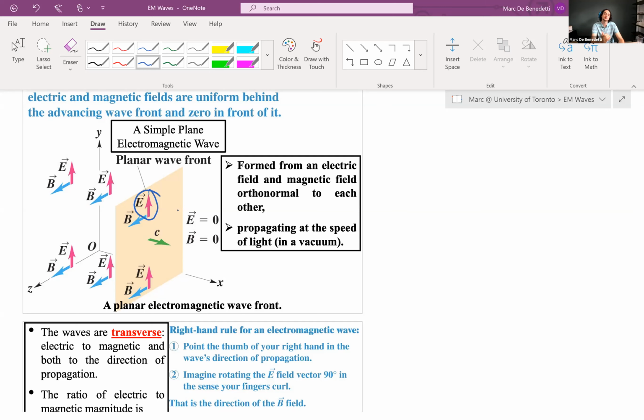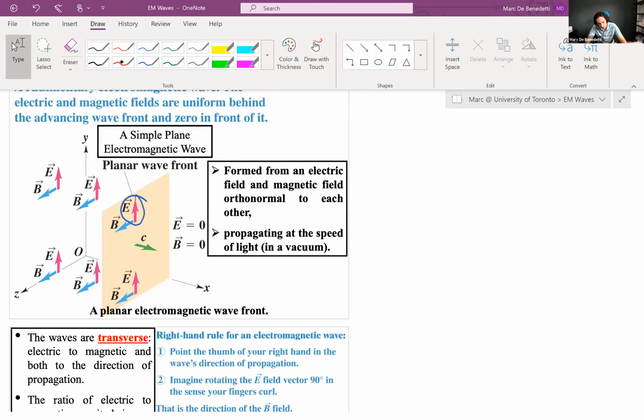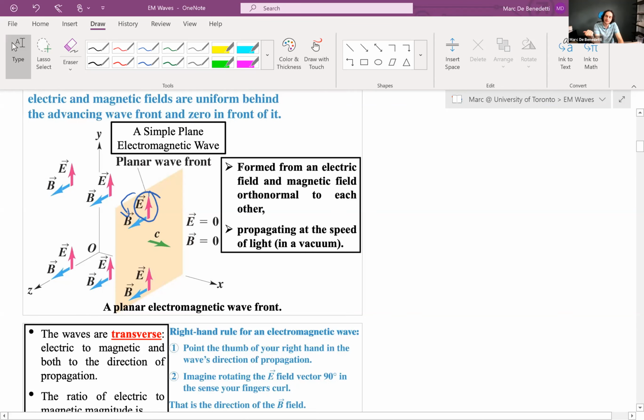And then curl your fingernails in the direction of B. Your thumb will point in the direction of propagation, the direction of the light ray. So that's how you use the right-hand rule to determine the relationship between the electric field, the magnetic field, and the direction of propagation.